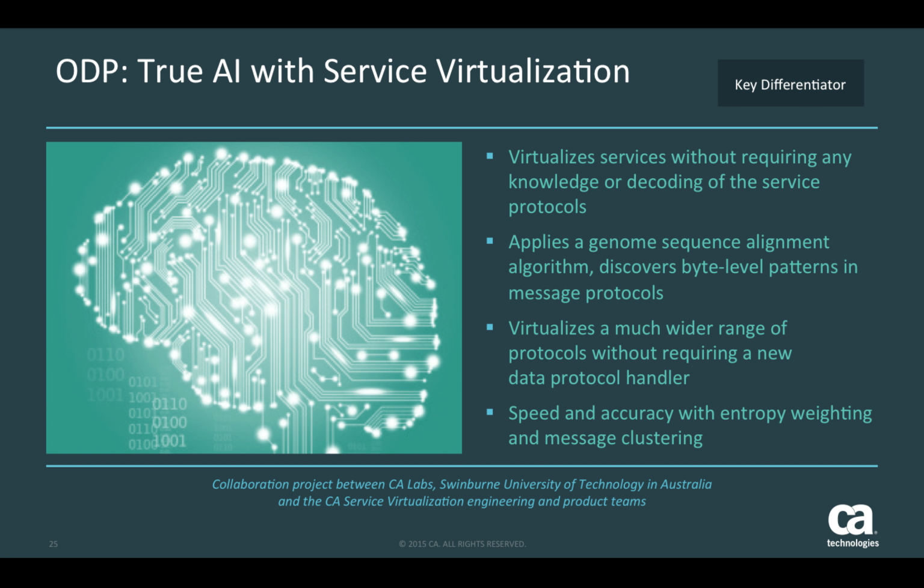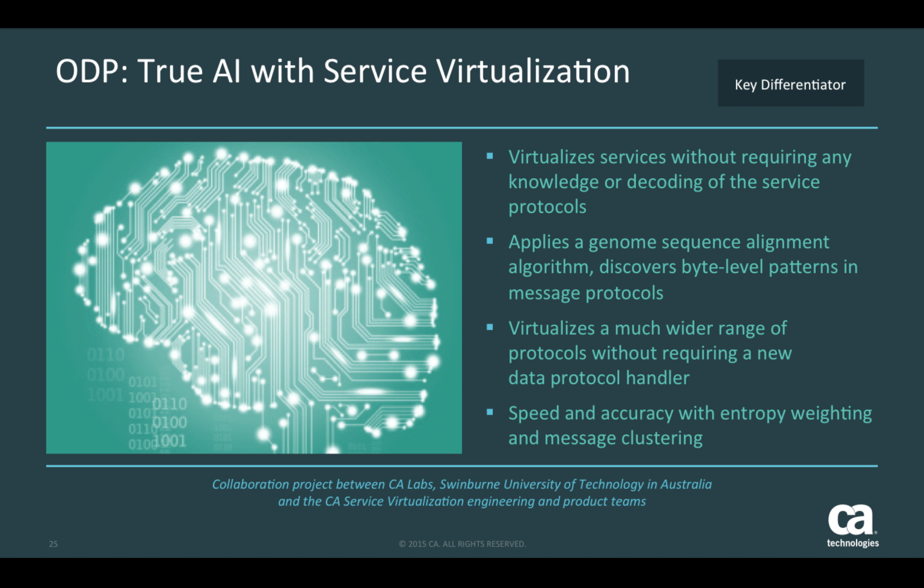How cool is that? We actually do some very interesting things with genome sequencing, where we're using that same algorithm called Needleman-Wunsch. And the Needleman algorithm allows us to do that quick discovery of the byte-level pattern. So instead of matching on an argument and an operation, we're actually matching on the bytes, obviously making it a lot more accurate.